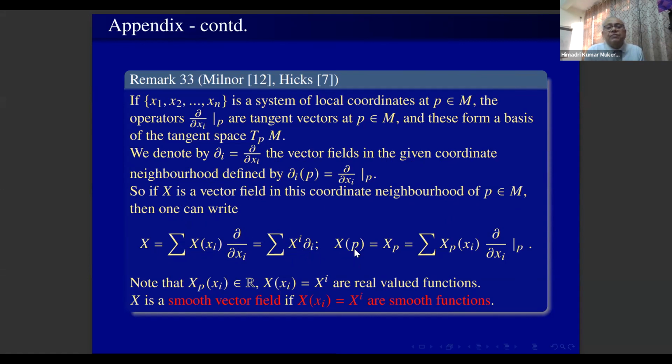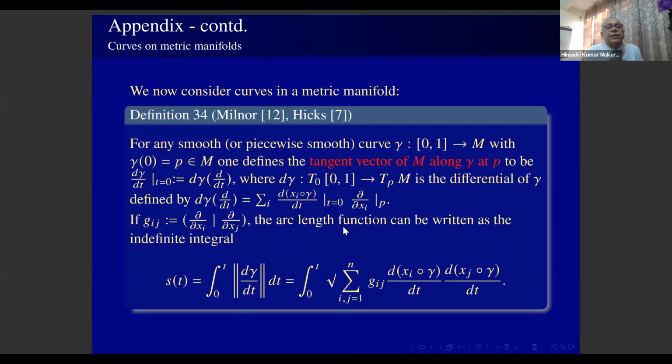The value of this vector field at p is nothing but X_p(xi) del by del xi, because X_p is an operator that operates on this coordinate function, so it is a real number, and this is a tangent vector. Note that X_p(xi) belongs to R, and X(xi) is a real valued function. X is a smooth vector field if each of these functions X(xi) is a smooth function. Okay, so this is the notation.